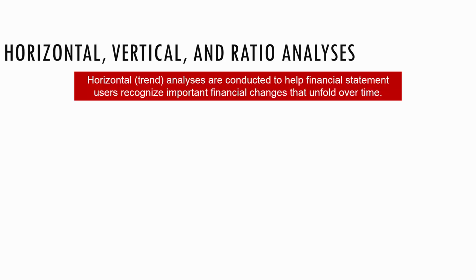Vertical and horizontal analysis. Horizontal is really trend analysis. If you think about horizontal, you're talking about going left to right. So in your mind, you can probably visualize financial statements for consecutive time periods being placed side by side. When you do a horizontal analysis, you're comparing the numbers on a line-by-line basis.